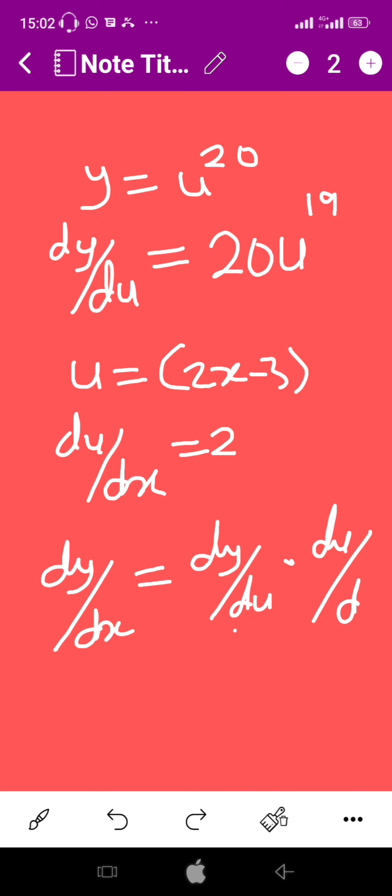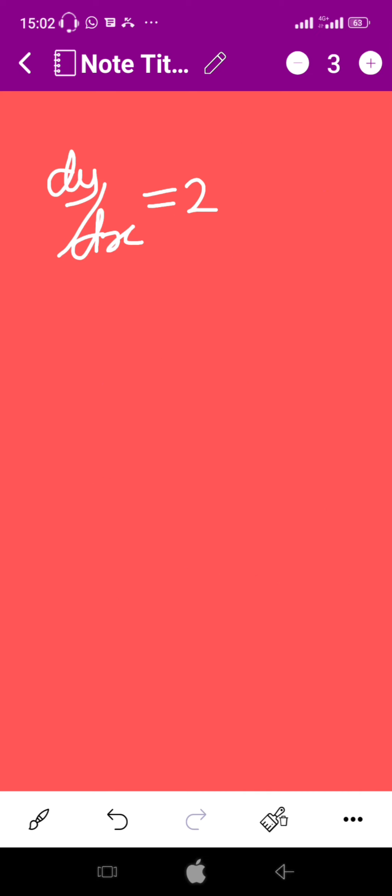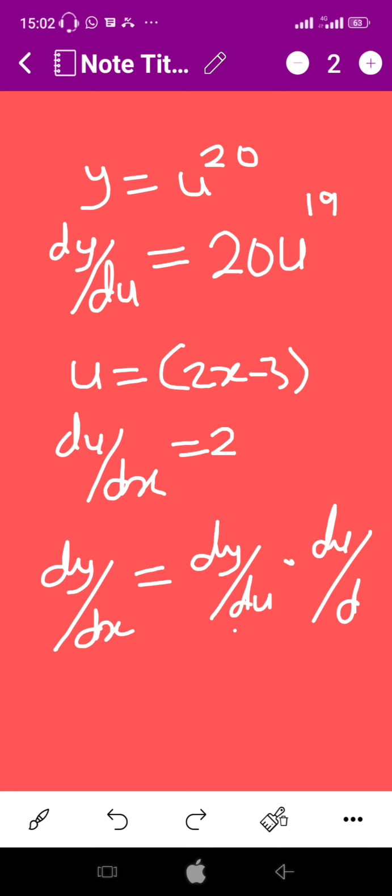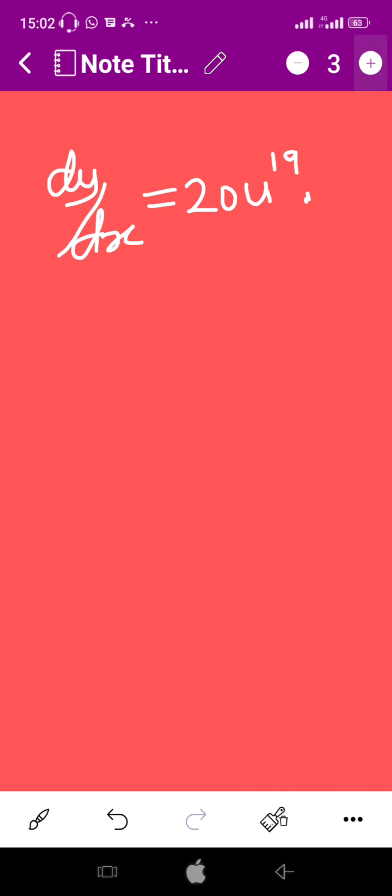Okay, so we have 20u raised to power 19 dot, we go back again, du/dx, which is 2. So we say dot 2. Now we have 2 times 20. Remember, this dot means multiplication. 2 times 20 will give you 40. So we have 40u raised to power 19.